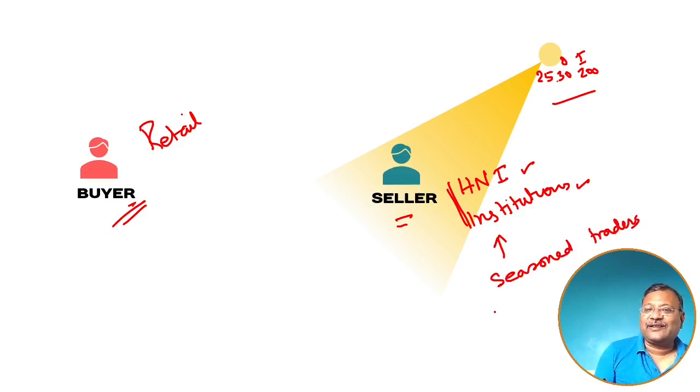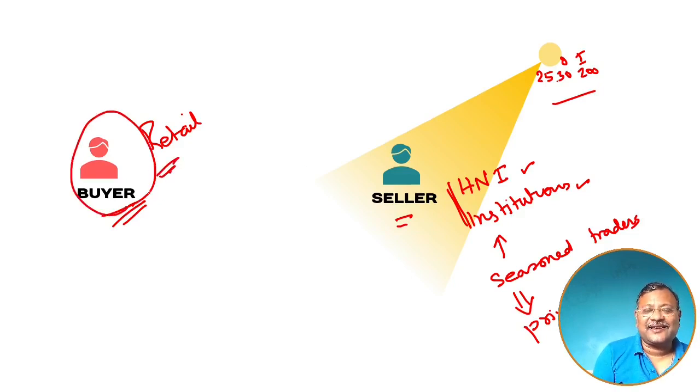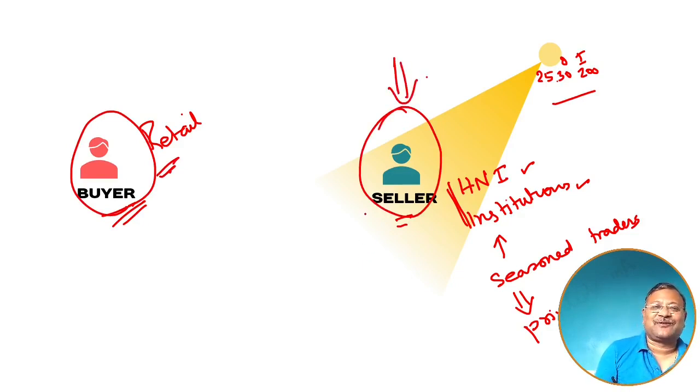And more often than not, they have access to privileged information. They are more knowledgeable. If as a trader you want to take a position, do you want to be analyzing what this guy is thinking, or what this guy is thinking? Obviously, I would want to know what this guy is thinking because he's the one who is going to drive the market, right?